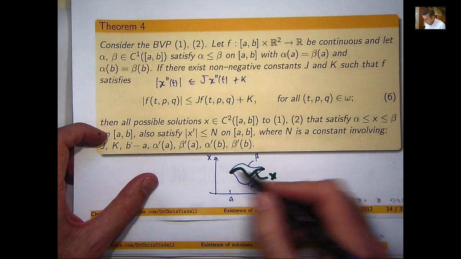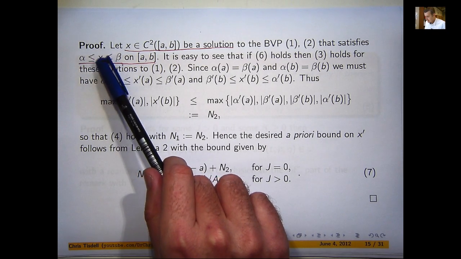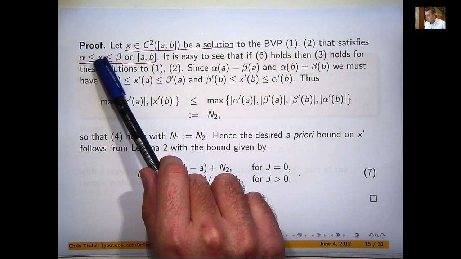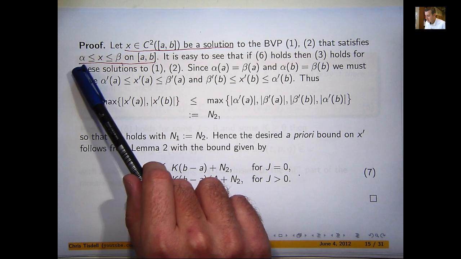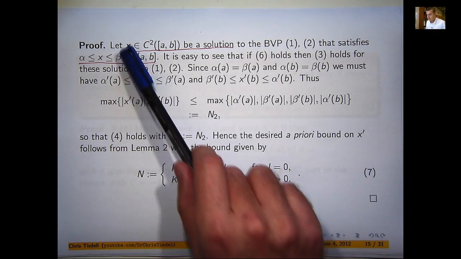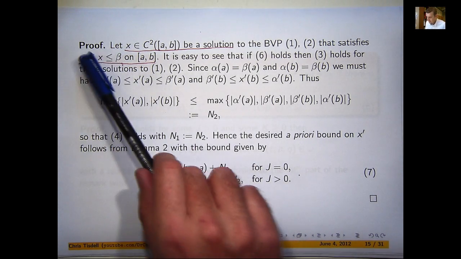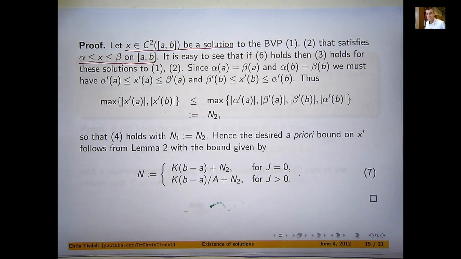Since the alpha and the beta pinch together at the endpoints, and x is between alpha and beta, it means that x of a has to be equal to alpha of a, and x of a has to be equal to beta of a. And at the other endpoint, x of b has to be equal to alpha of b, and x of b has to be equal to beta of b.